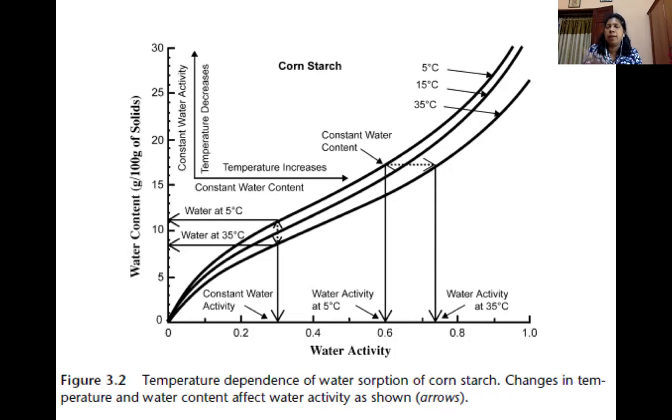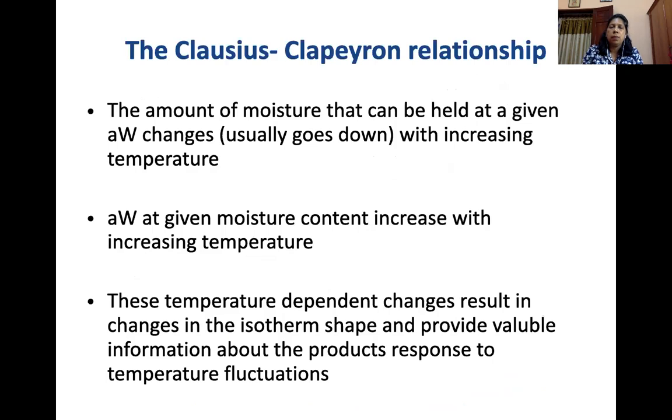Lower line means a line moving to the bottom, right? The top level is the lower temperature, and the higher temperature goes down. That means water activity at a given moisture content increases with increasing temperature.